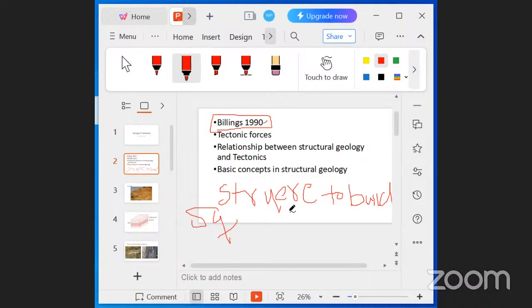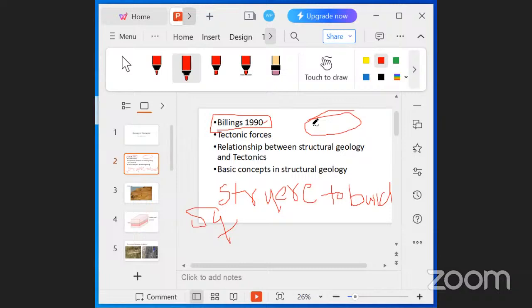Geological structures are rock structures that incorporate the symmetry and geometric configuration of rocks present in the earth's crust on all scales.